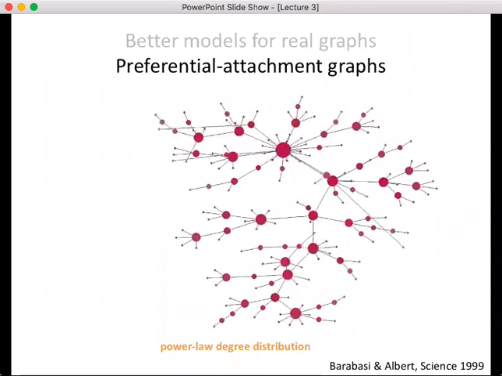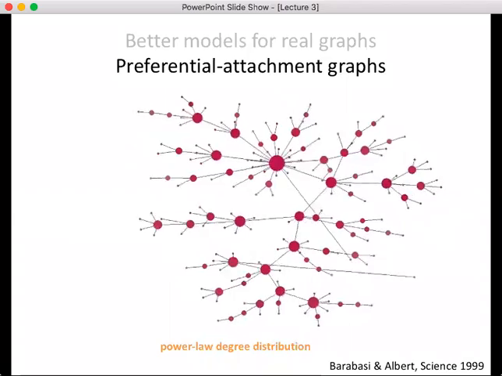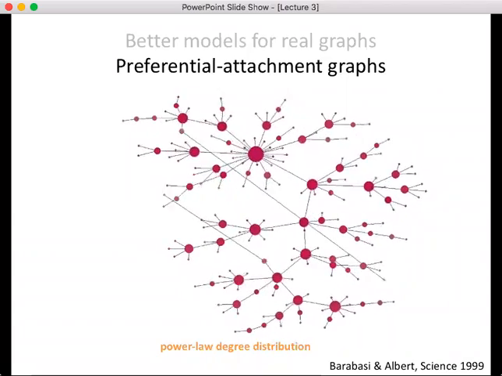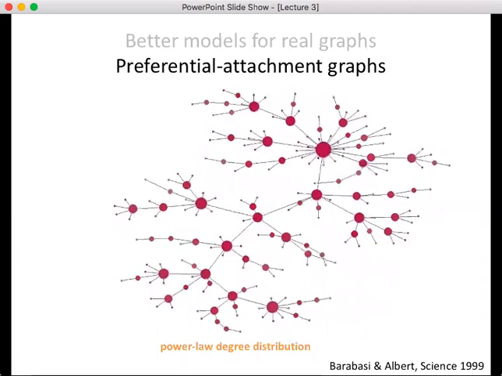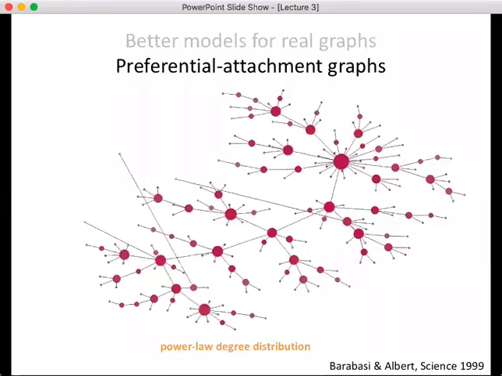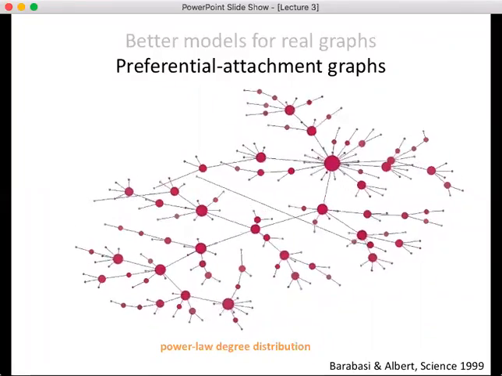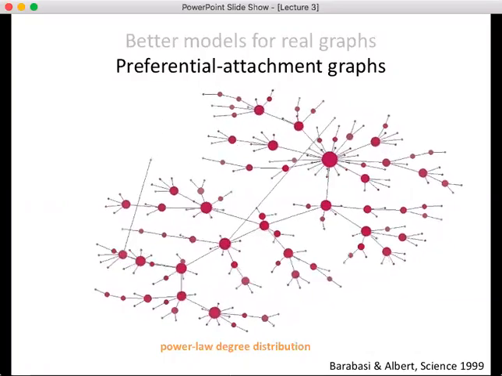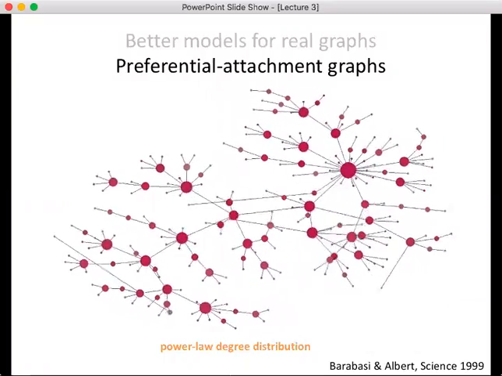So basically, this somehow perpetuates the importance of the old nodes in a graph because they already have high degree, so new nodes will naturally attach to those. And this also creates a power law. And really, you observe this everywhere where having a high degree increases the chances that new nodes will connect to you and not to others.